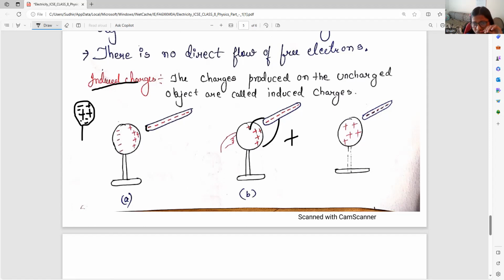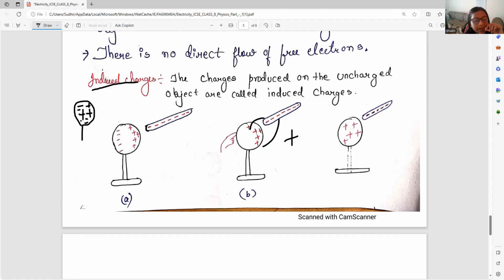I will explain with electrostatic force what exactly happens. When a comb is rubbed against dry hair, the electrons of the dry hair are passed on to the comb.